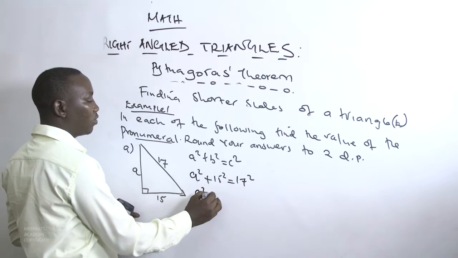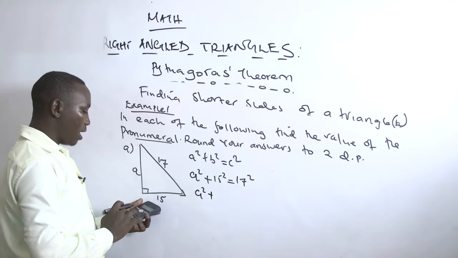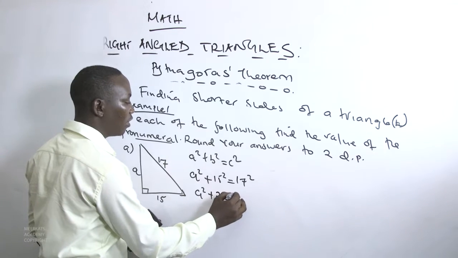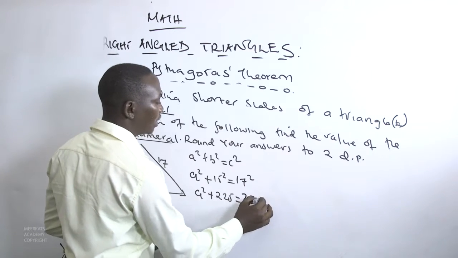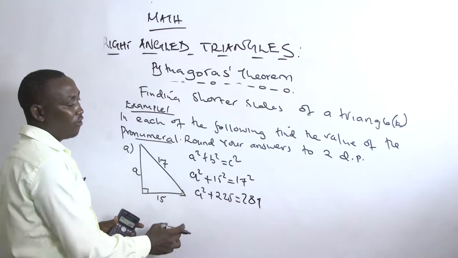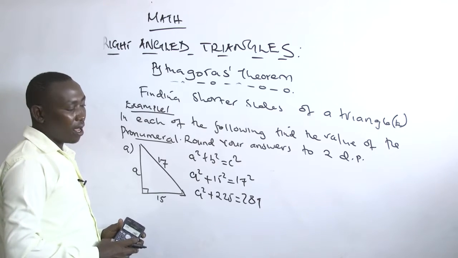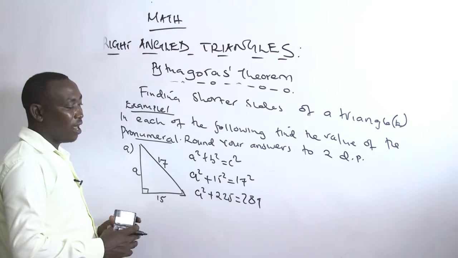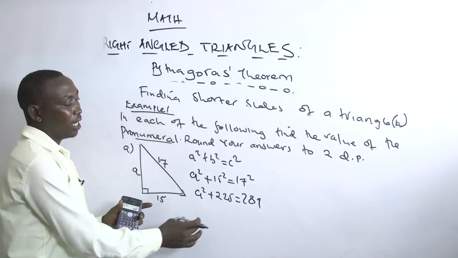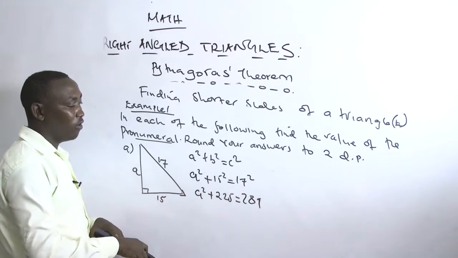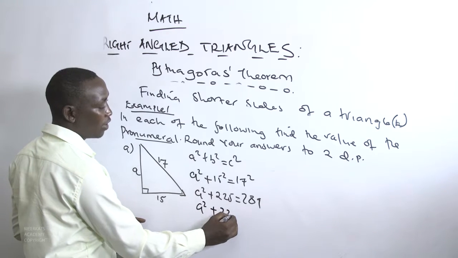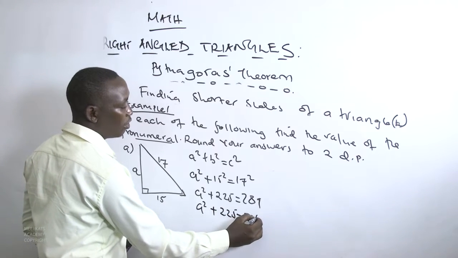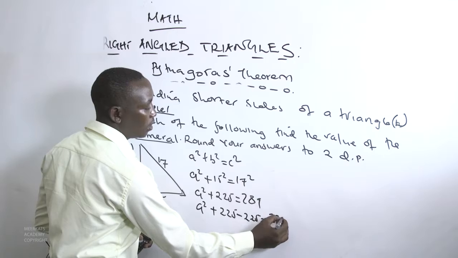This will give us A squared plus 15 squared is 225, equal to 17 squared is 289. Now for us to get A squared alone on the left hand side, we need to take this 225 to the other side of the equal sign. That means we subtract 225 from both sides.